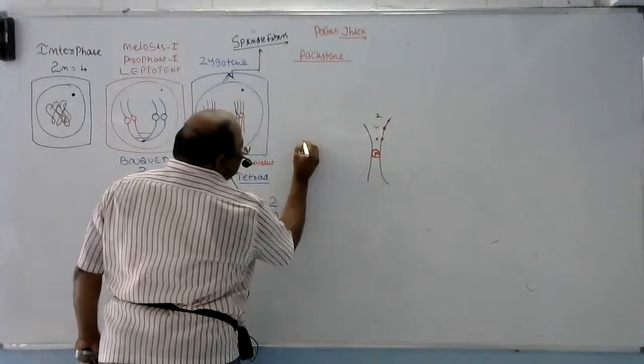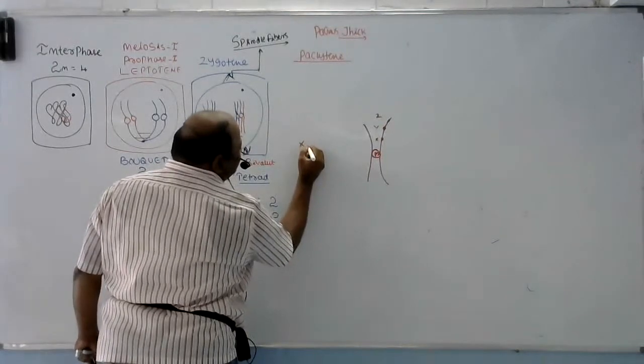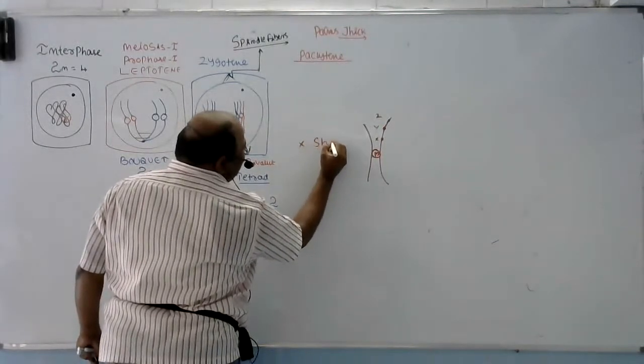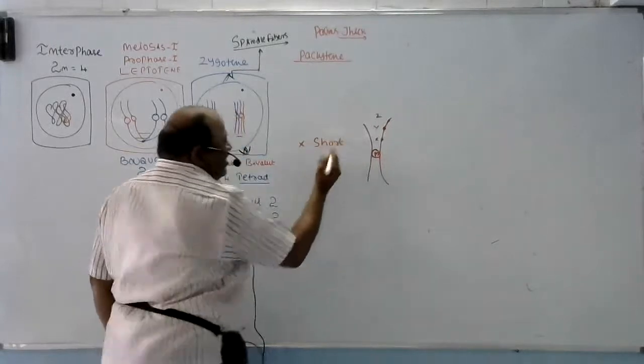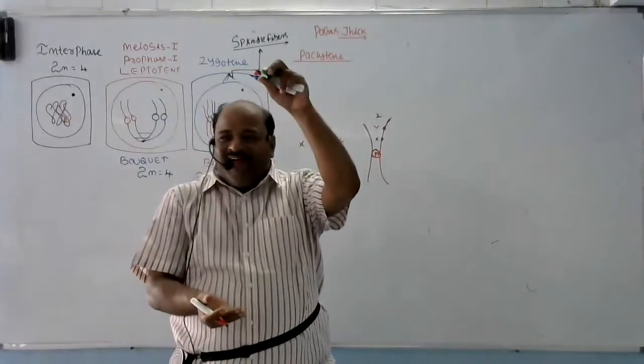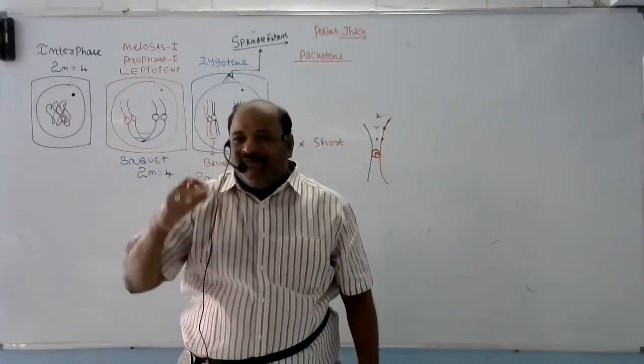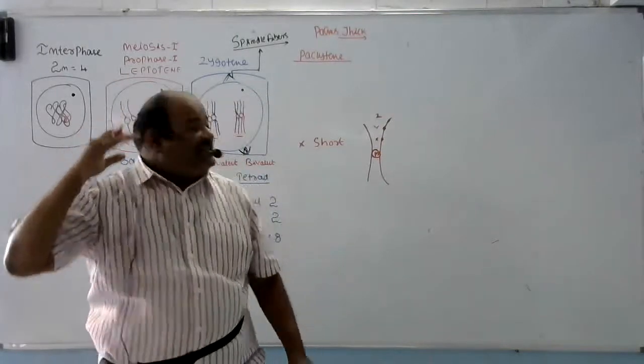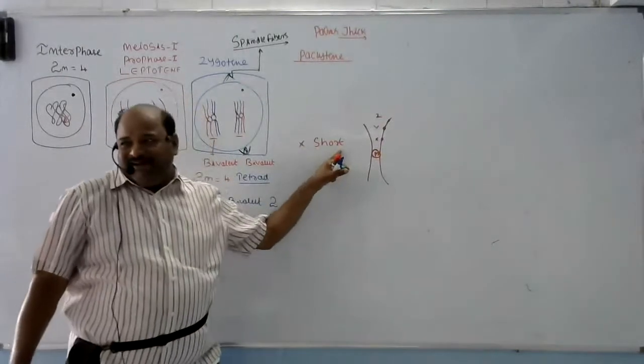What is the characteristic of gene X? Gene X is responsible for the height of the organism. Your mother's height, for example, is short.